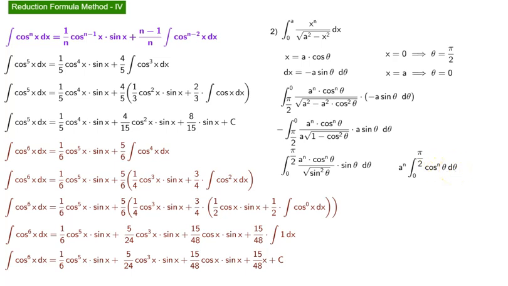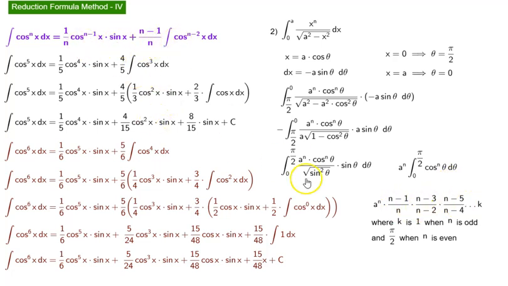And now we apply the pattern generated by this for the definite integral. We get a to the power of n times n minus 1 by n times n minus 3 by n minus 2 times n minus 5 by n minus 4. And we keep going till either the numerator or the denominator becomes less than or equal to 0.